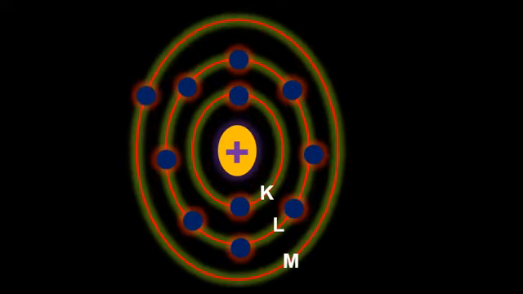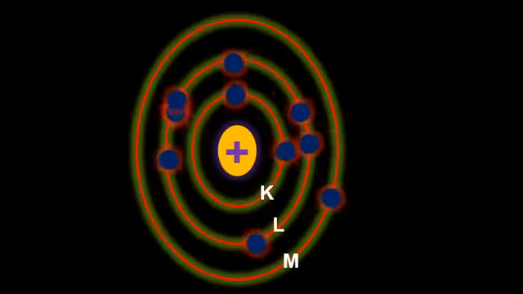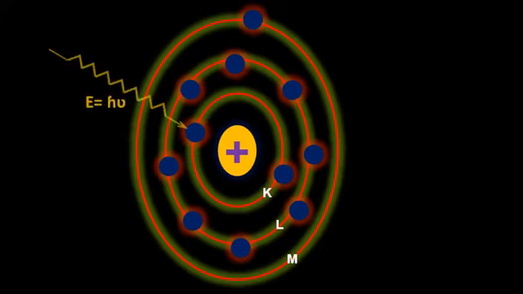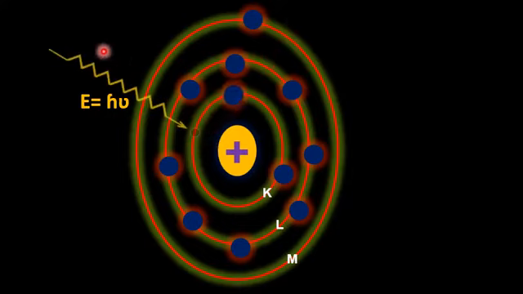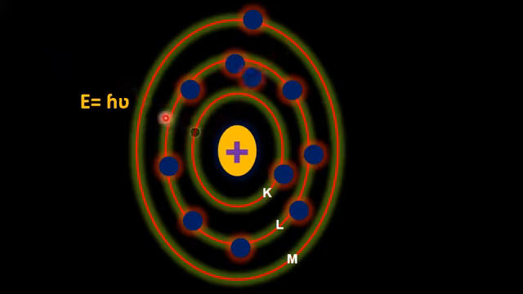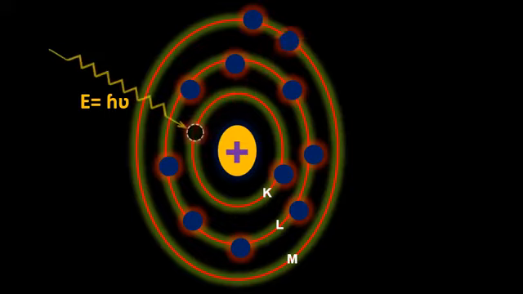Now the beam of highly energetic electrons produced from the electron gun, when it falls on an electron of the core energy level, since the energy of the beam is 3 to 30 kilo electron volt, which is very high, will eject the core shell electron, and as a result a vacancy will be created.